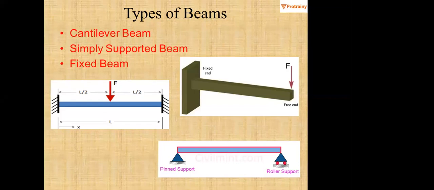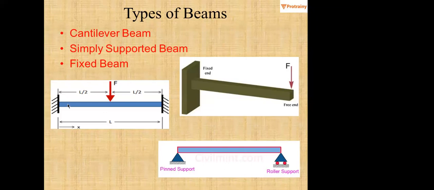I'm talking about RCC structure, not precast concrete. You can have simply supported structures in precast concrete. In RCC, it's very hard to create or cast a pure simply supported or hinged connection.